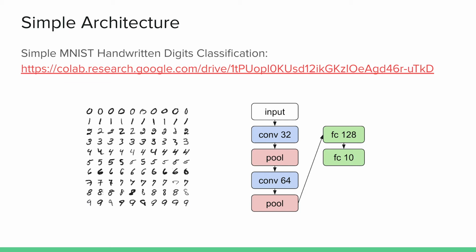A very simple architecture that uses all of these ingredients, a kind of hello world of deep learning, would be digit classification with the famous MNIST handwritten digits. What is the input here? If you've never heard about this, these are images of, I think, 32 by 32 pixels of handwritten digits.